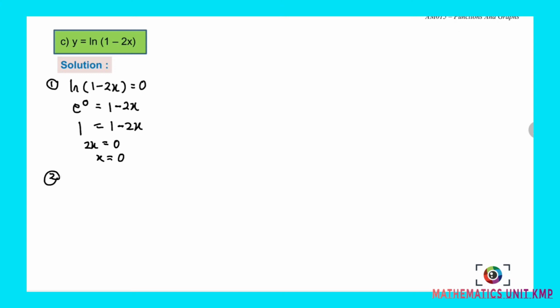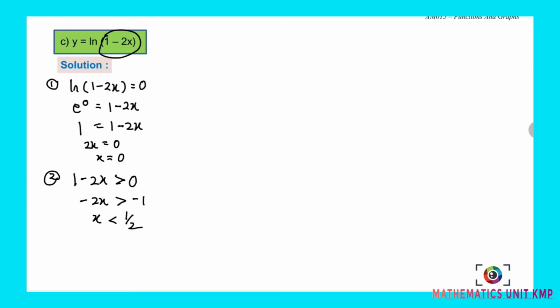Right, and then for the second step, finding the vertical asymptote, 1 minus 2x must always be greater than 0, because in this it cannot be negative. So you rearrange, you get like this. And then you learn chapter 2 first, so it becomes like this.